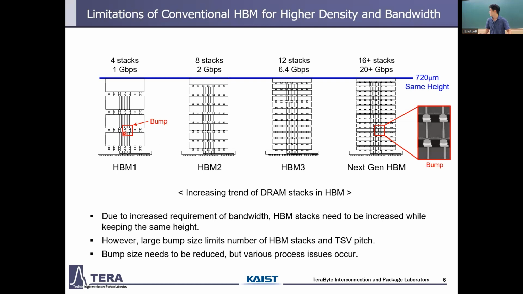The bump size is limited. We are using micro bumps right now, limited to about 20 to 30 micrometers, but if we want to stack more and more DRAM stacks, we need to decrease them. But using our current technology, various process issues occur. So this is a clear limitation that we should solve.